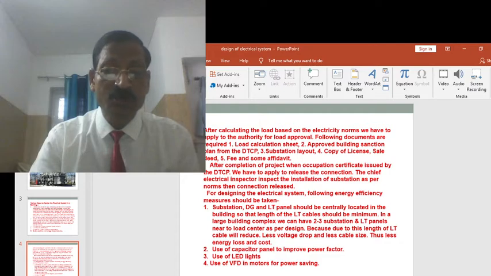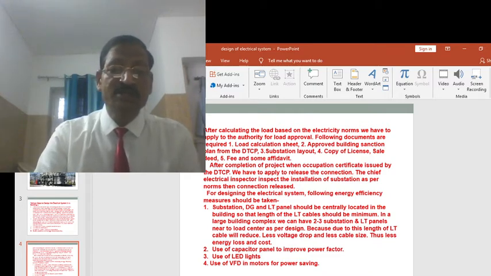Third is the substation layout, a copy of the sale deed and license, fees and some other affidavits. After completion of the project, when the occupation certificate is issued by the DTCP, then we have to apply to release the connection. The Chief Electrical Inspector inspects the installation of the substation as per norms, then the connection is released.